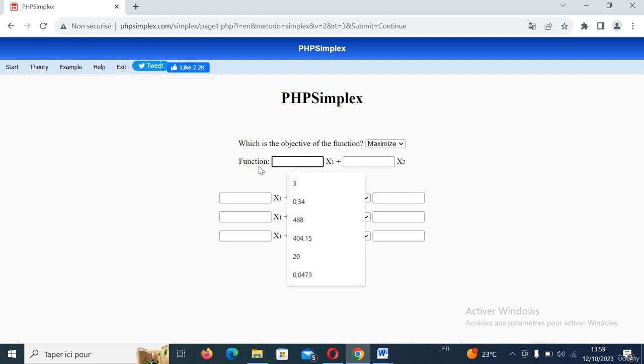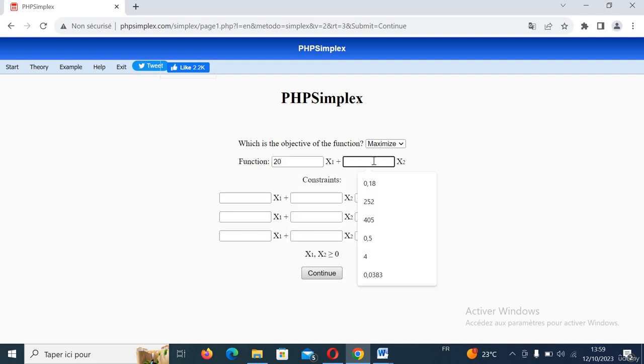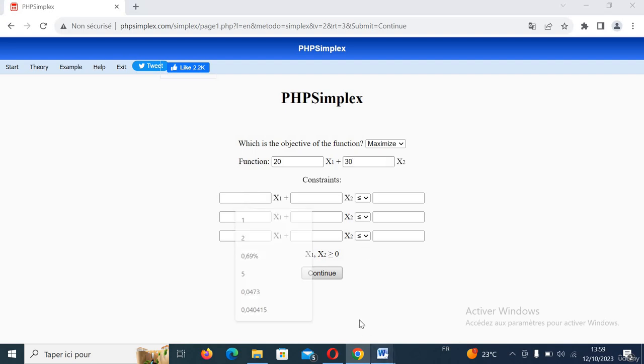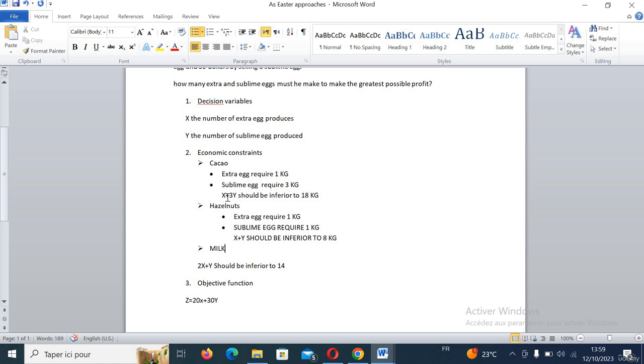This is the objective function. The objective is to maximize the profits. The extra egg makes $20 profit and the sublime egg makes $30 profit, multiplied by the number of extra eggs and sublime eggs produced. For the constraints: how many kilograms of cacao are required for the extra egg? It requires 1 kilogram, and for the sublime egg 3 kilograms.